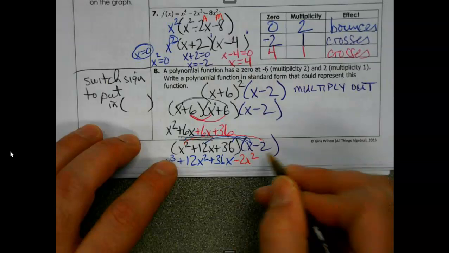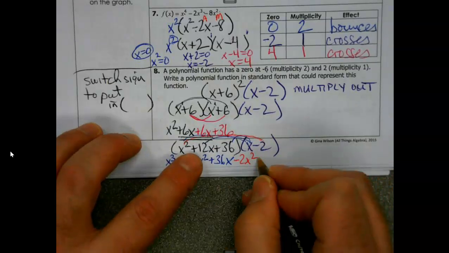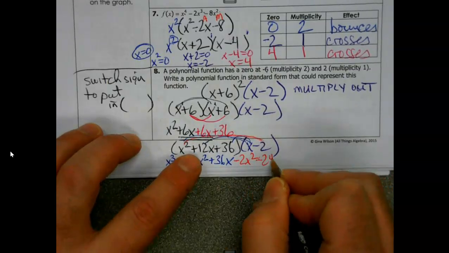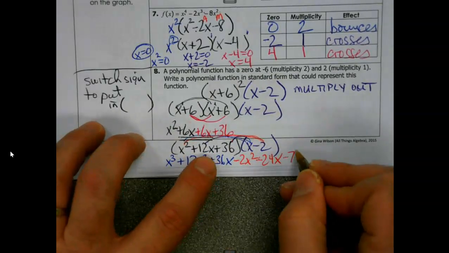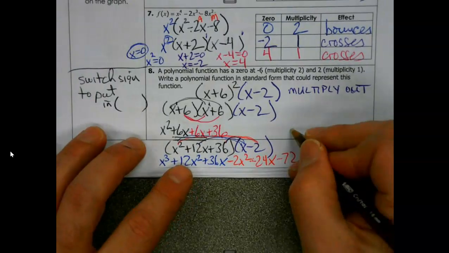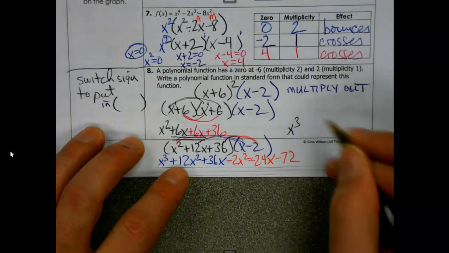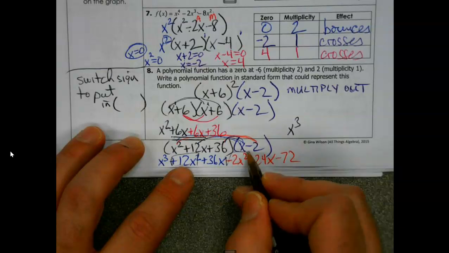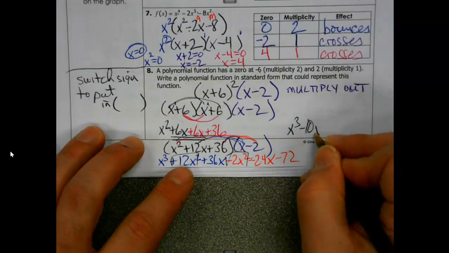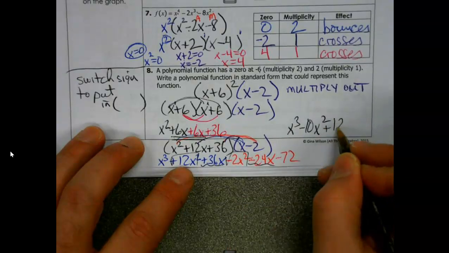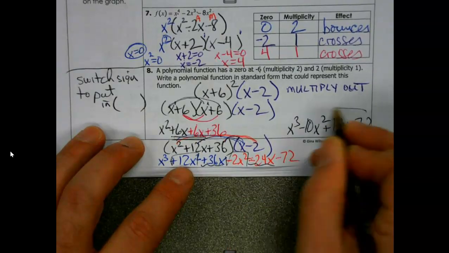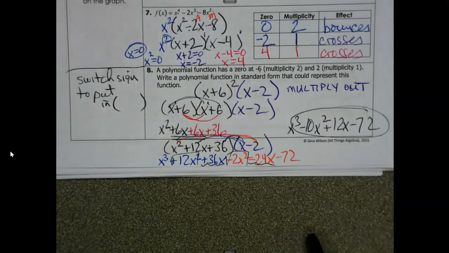So -2 times x squared, -2 times 24, times 12x, I was thinking ahead, and -2 times 36. That, ladies and gentlemen, is a whole lot of stuff to deal with. And then we just combine the like terms. So this would be the polynomial function in standard form, biggest exponent to least, that we get coming from those.